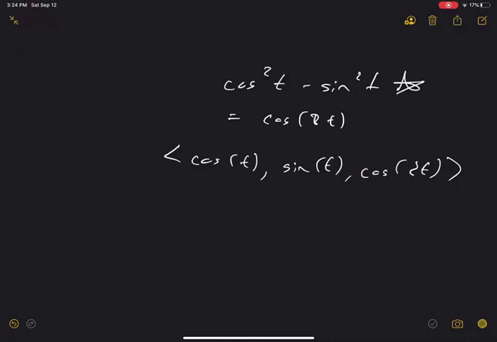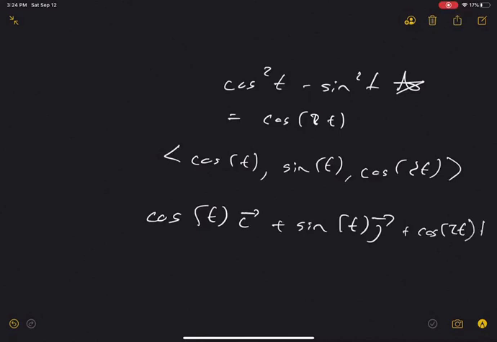And the book also writes it in this i, j, k notation. They write cosine t i plus sine of t j plus cosine 2t k. Again, that would be acceptable, and maybe your WebAssign wants you to enter it like that.